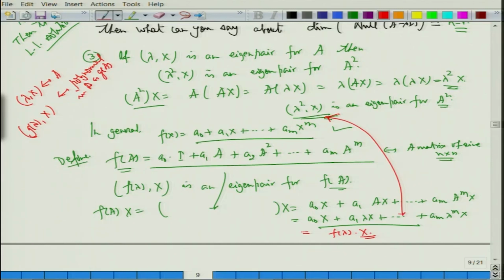I am not talking of reciprocal, I am not talking of A inverse here, that is important. Not talking of A to the power minus 1 or A to the power minus m, m greater than 0. I am not talking of that part, fine. I can talk of them only when A is invertible, that I have not yet come to, but you can look at it yourself and do it, fine.